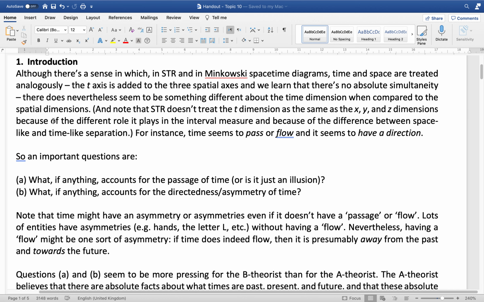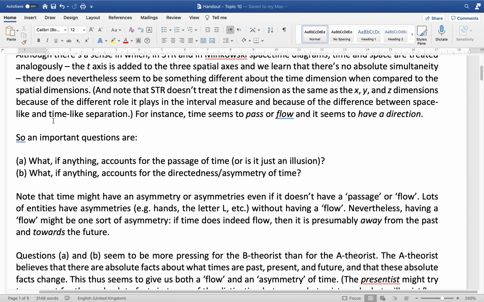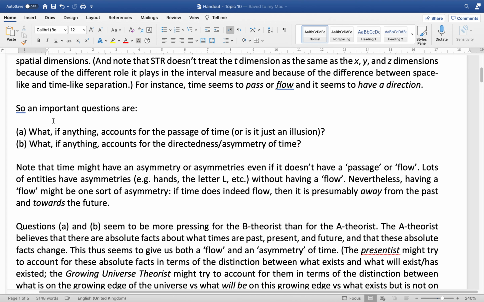So, if you think about the counterexamples of incongruent counterparts like hands or the letter L, they have asymmetries, but they don't flow. There's no flow of hands, but there is an asymmetry of hands. So likewise, when it comes to time, we should separate these questions. Does it have an asymmetry? Does it have a flow?